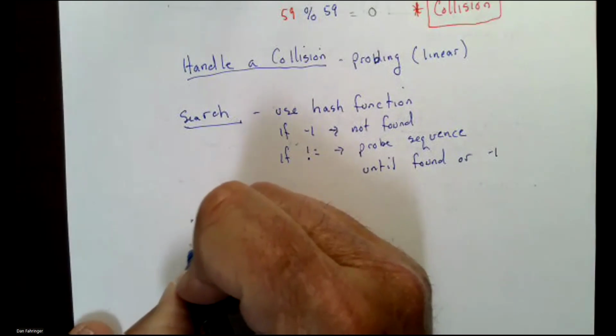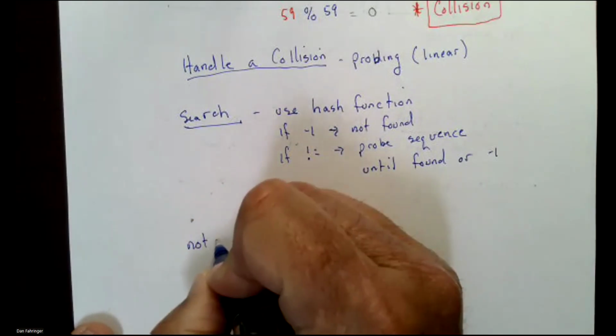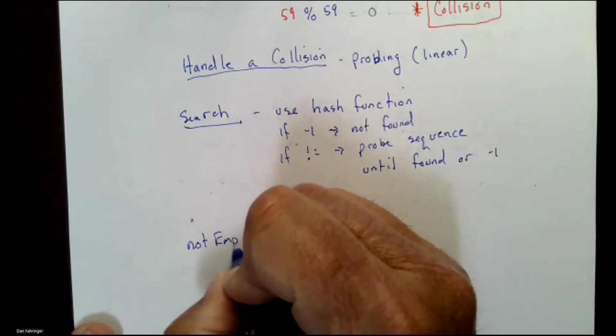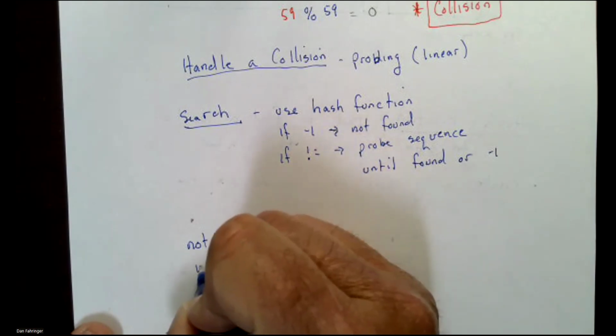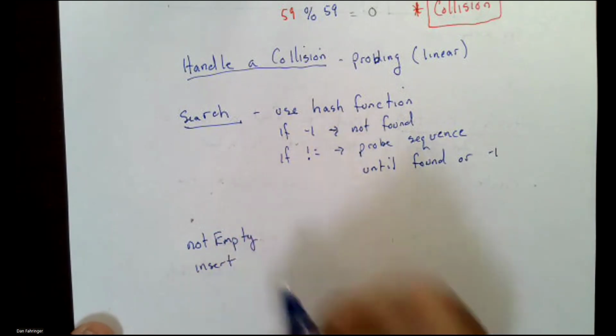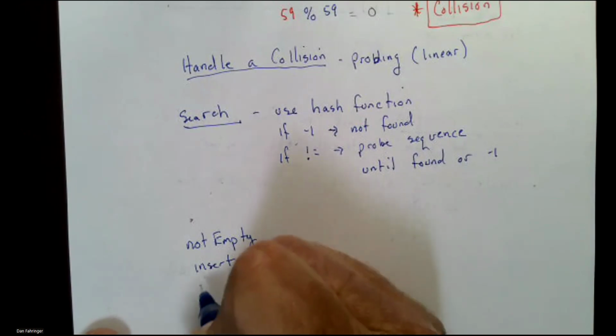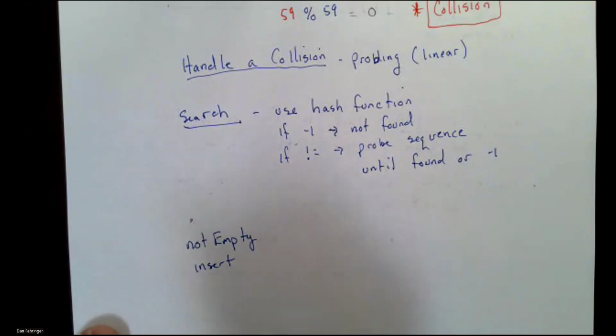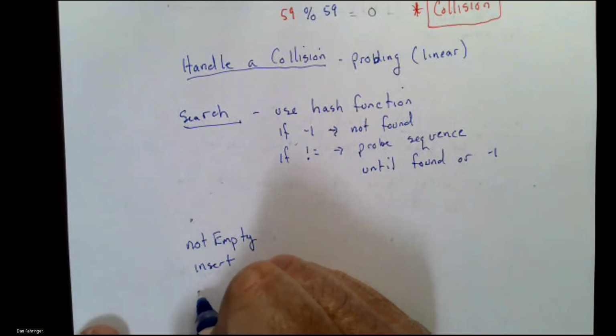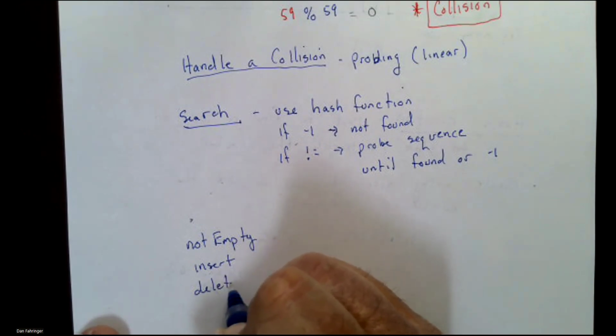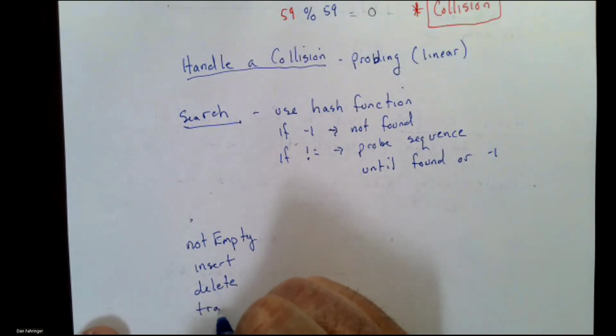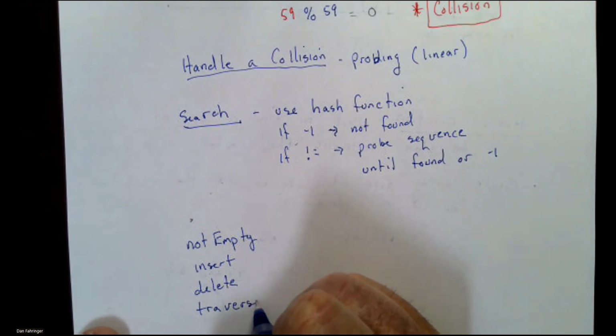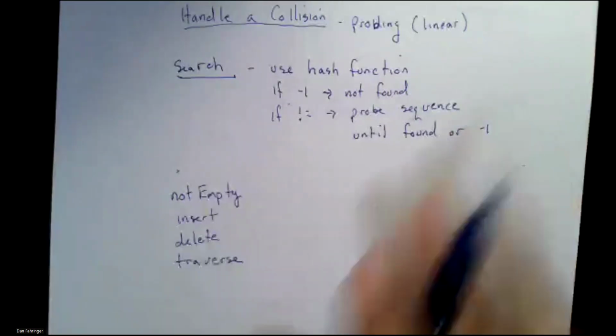Every time I learn about a new topic, like a hash function, I come up with my functions. First of all, I come up with my not empty function. Then I have my insert function. And then I would have my delete. And then I'm wondering about a traverse. As always, we have traverse.